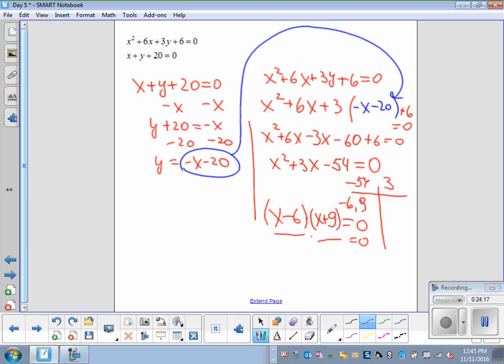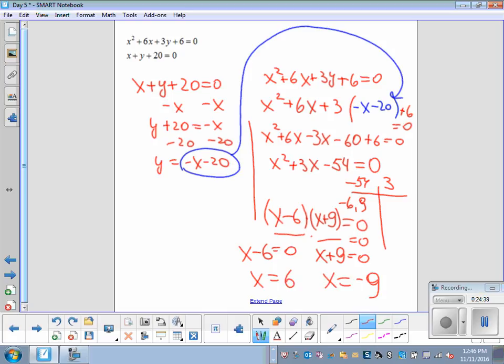At least one of those numbers has to be 0, otherwise non-zero times non-zero wouldn't be 0. So it's either x minus 6 equals 0 or x plus 9 equals 0. So x equals 6 or x equals negative 9.